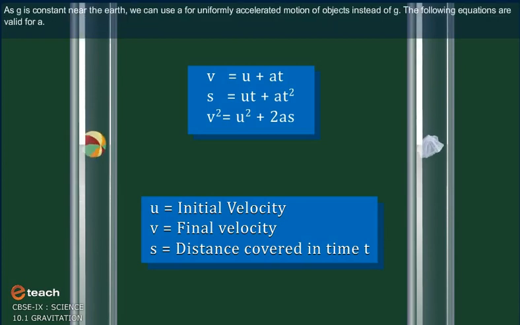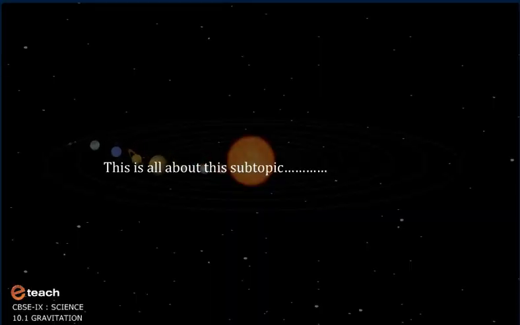As g is constant near the earth, we can use a for uniformly accelerated motion of objects instead of g. The following equations are valid for a. This is all about this subtopic.